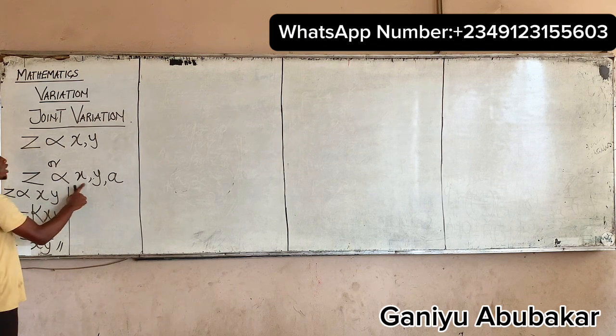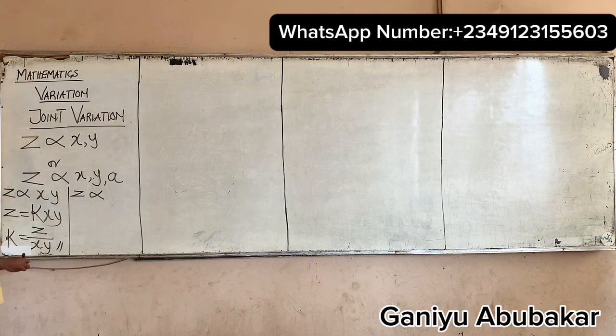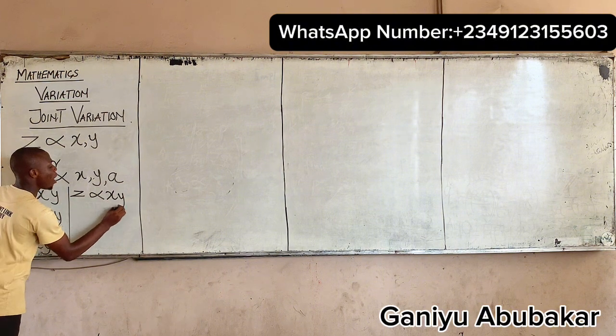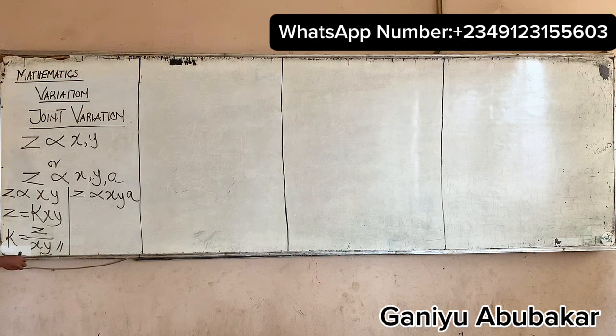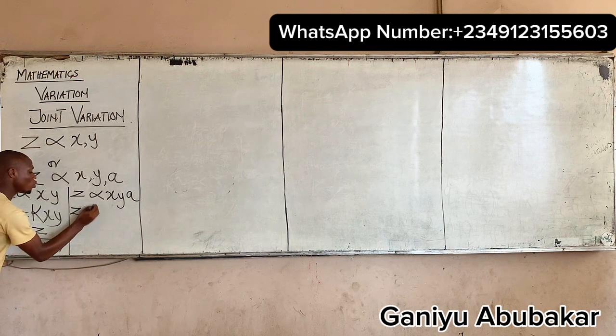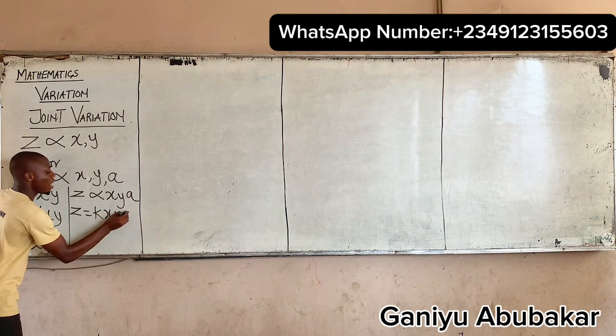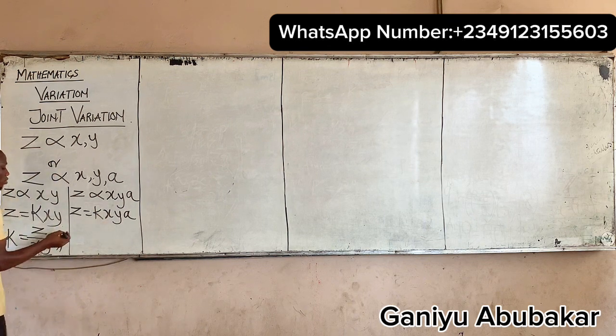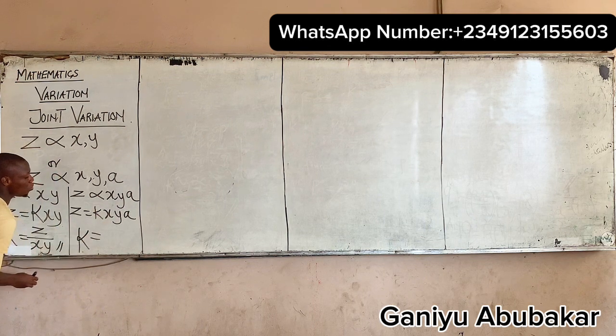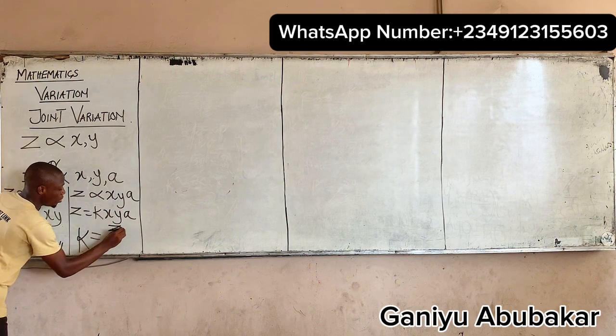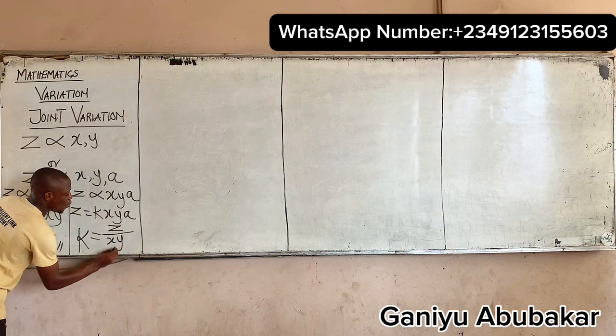When you have three quantities x, y, a, we say z varies jointly as x, y, a. How do you solve this? It's easy. z is equal to k, to take off this symbol, then xya. Make k the subject, so k is equal to z over xya.